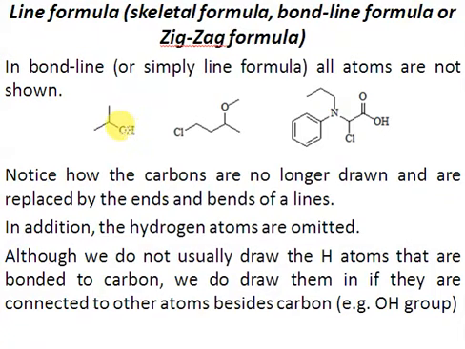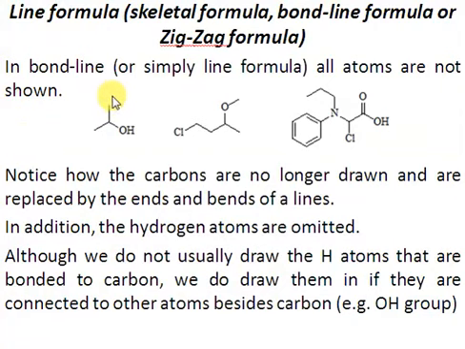So how do we represent the structure? At the end of each line, this is known as the terminal, and this is known as the intersection, right? So each terminal represents a methyl group here.